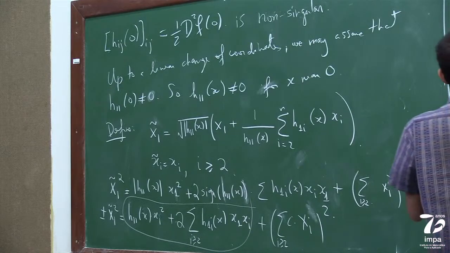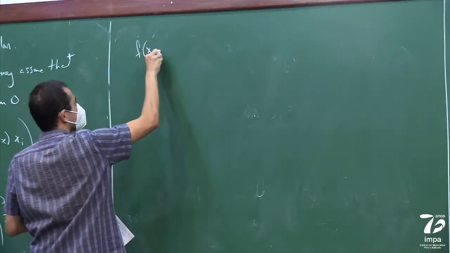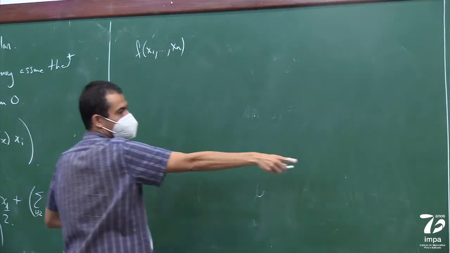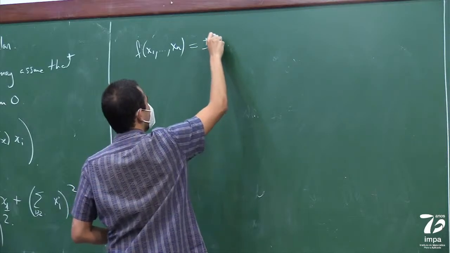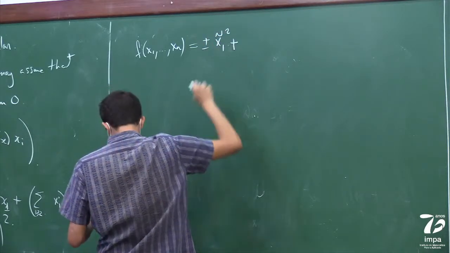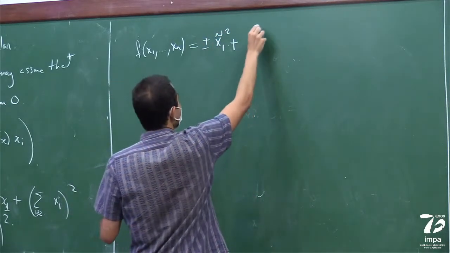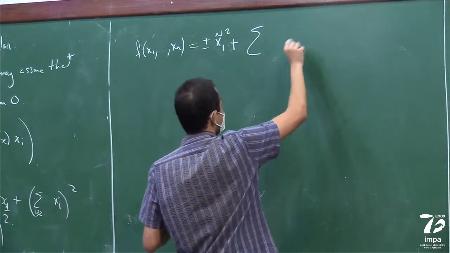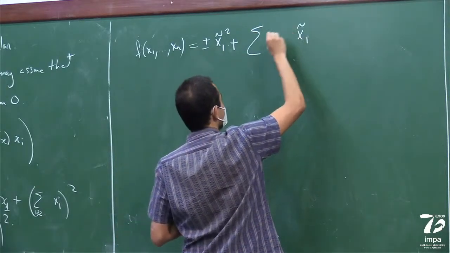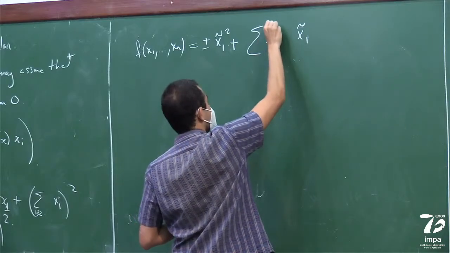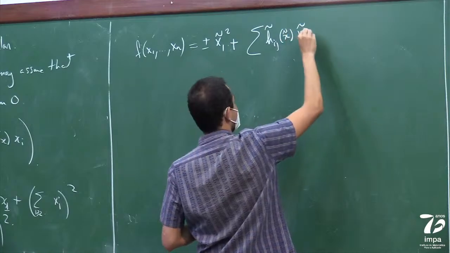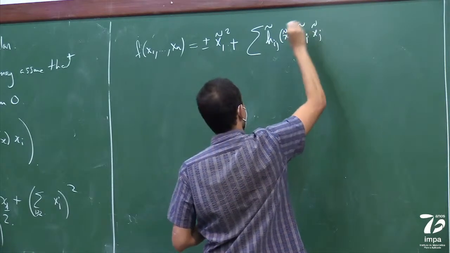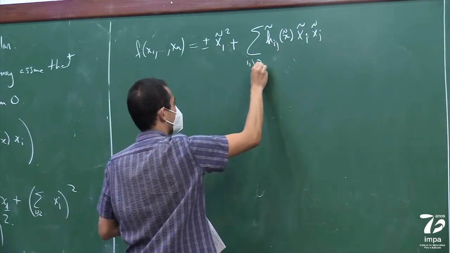So that means that that expression there, f of x1 up to xn, is equal to plus or minus x1 tilde squared plus a sum of some hij tilde of x tilde, xi tilde xj tilde, for i and j greater than or equal to 2.